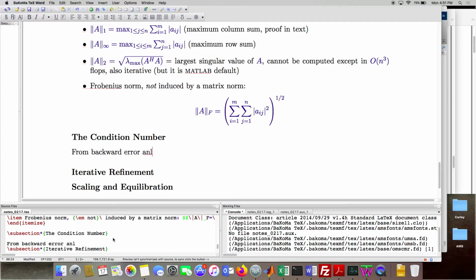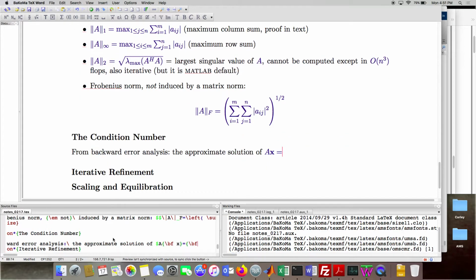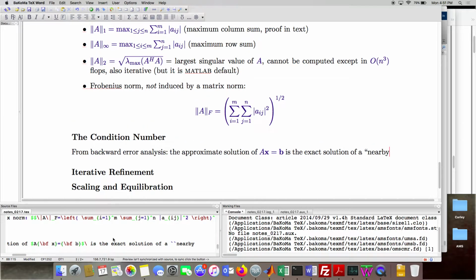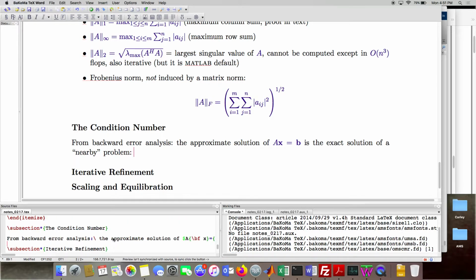So, a concept covered in 465-60, backward error analysis. The approximate solution of AX equals B is the exact solution of a nearby problem.